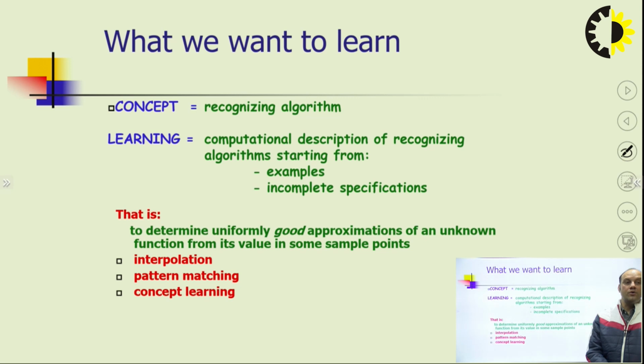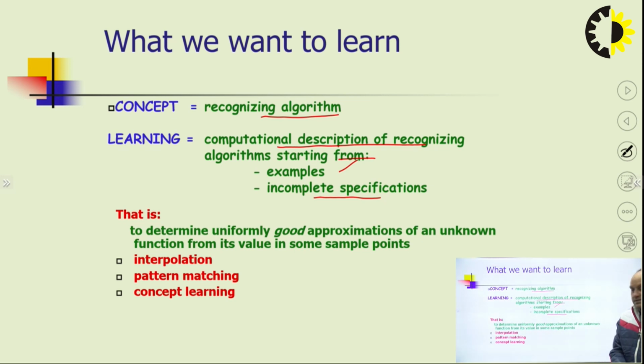Okay, so what do we want to learn? We just want to learn a concept. The concept is what recognizing algorithm we are using. Learning means what type of learning we are trying to do here. So it is a computational description of a recognizing algorithm, starting from the examples we provide. If the examples are incomplete, with incomplete specification, then it will definitely give error.